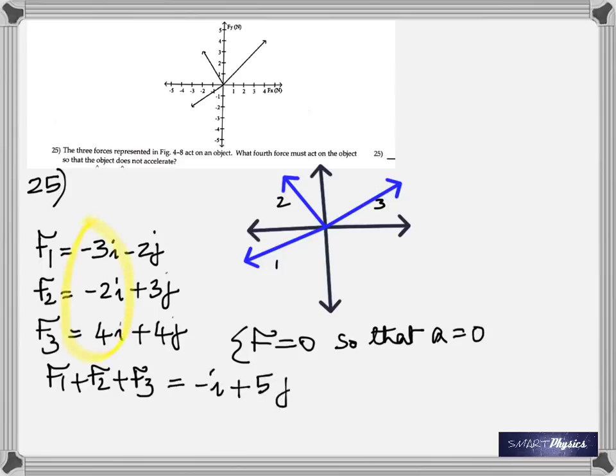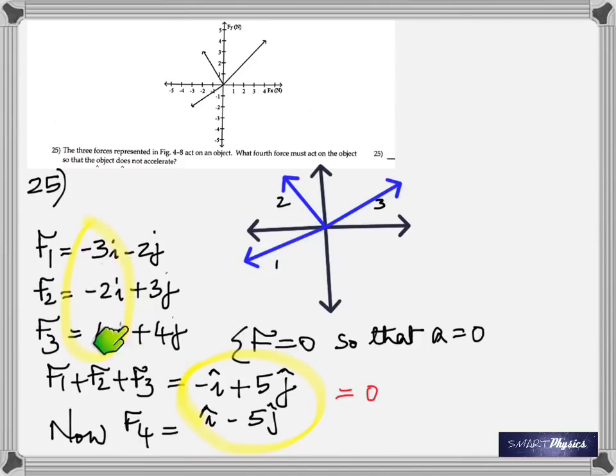Add all those, you get minus i. Add the j's, you get plus 5. Now F4 should be i minus 5j. All right, take note of that. When you add it, what you get is not the answer. It should be the opposite of that, otherwise you won't get a 0.